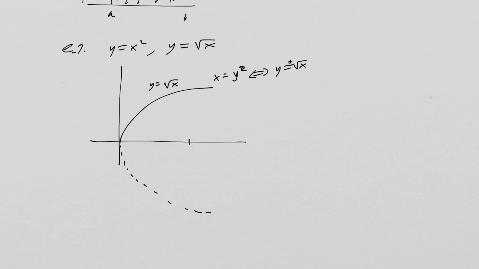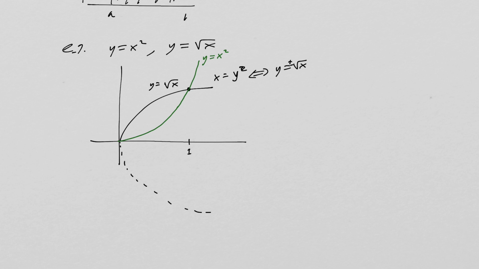We know here at 1, we're going to be at 1 there. Likewise, I'll do this in a different color, in green. That is going to be y is equal to x squared.